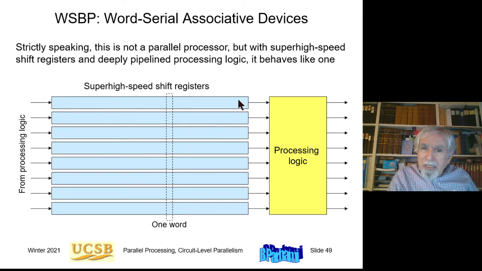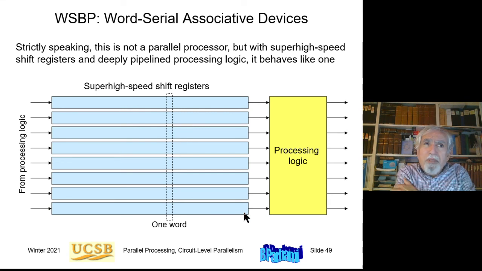I'm basically cycling all the words through this logic, except I'm doing it at hardware speed. There's no decoding involved. There's no memory access involved because shift registers can be very high throughput. So on every nanosecond or fraction of nanosecond clock cycle, a new word can go here, whereas fetching a new word from memory can take a long time.